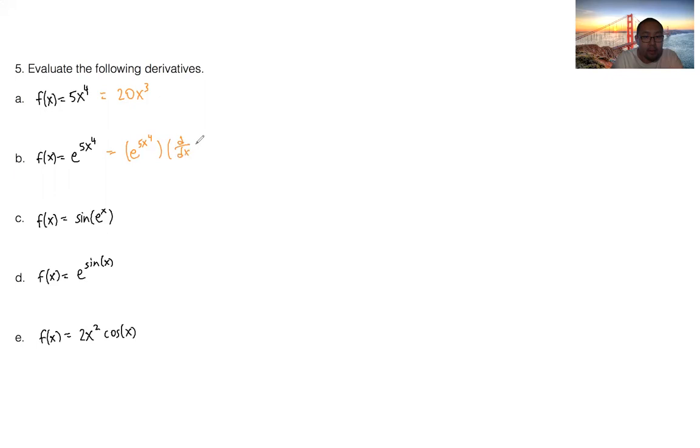In this case, that something is 5x to the 4th. And so this is going to be e to the 5x to the 4th times, based on the power rule, 4 times 5 is 20. Leave your base, x, subtract 1 from the exponent. So your final answer will be 20x cubed times e to the 5x to the 4th. And this one was 20x cubed.